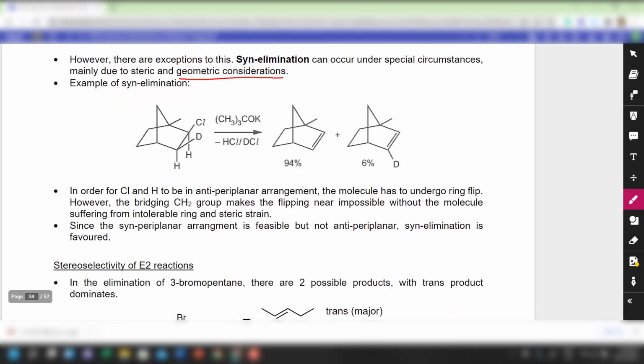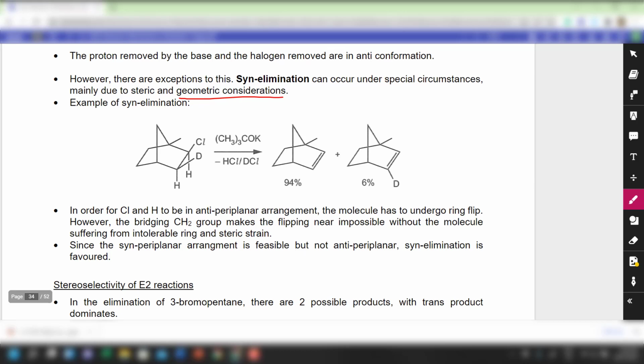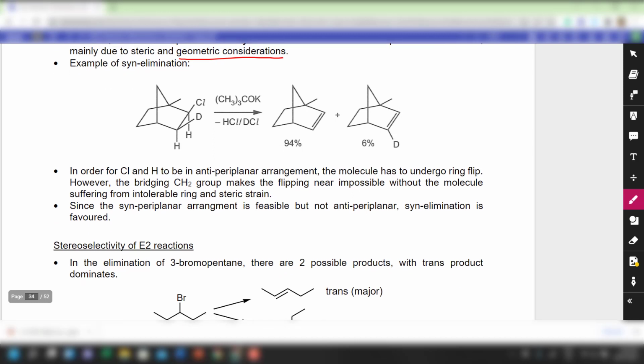Because of that, it will undergo syn-elimination, because in order for H and Cl to be anti-periplanar to each other, it needs to undergo some form of ring flip, but this is not possible whenever I have a bridging CH2 group. So in this case, not possible, so it will undergo the best other alternative, which is the syn-elimination.